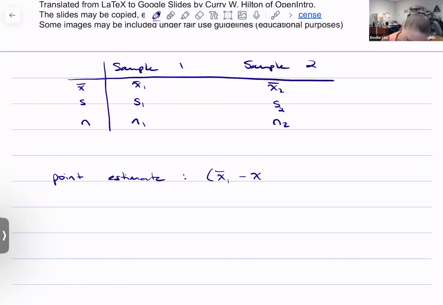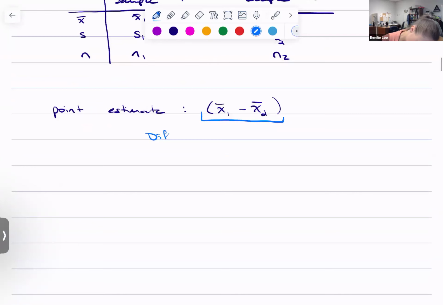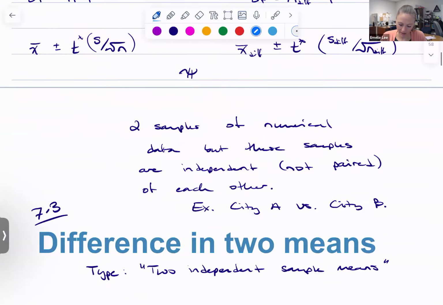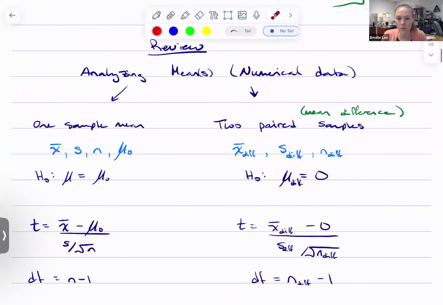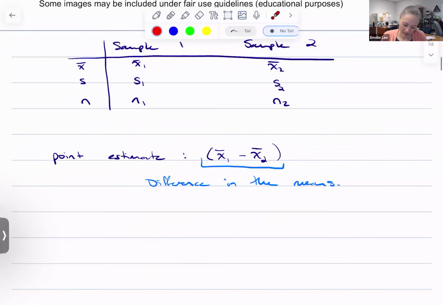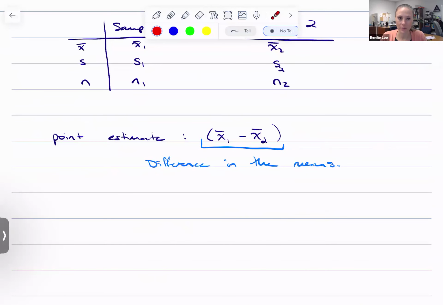And so x1 bar minus x2 bar, right? The difference in the means. So now we're analyzing the difference in means as opposed to going back to the paired data, as opposed to the mean difference. Okay. Very subtle differences, haha, there. And so you have to be really, really careful. Okay?